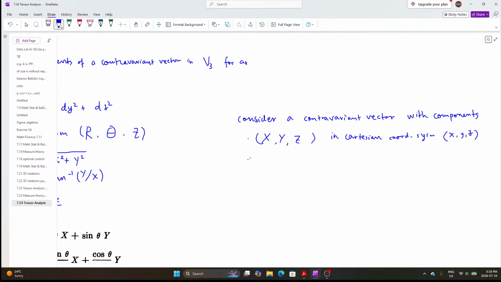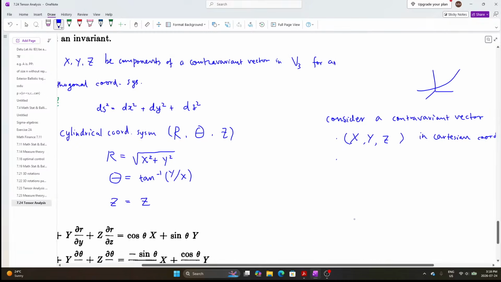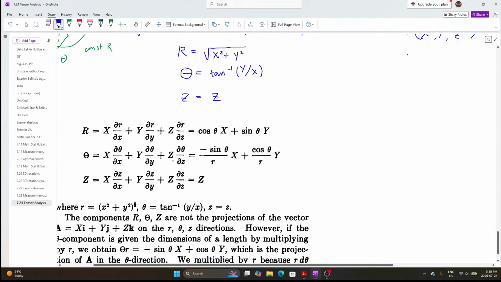They're just numbers. So imagine, once again, let's use the space curves analogy. You have a curve in 3D space. Actually, I don't think we have time to verify that, but you can verify this transformation law for the tangent vector of a helix. How about that? So a helix is a 3D curve.